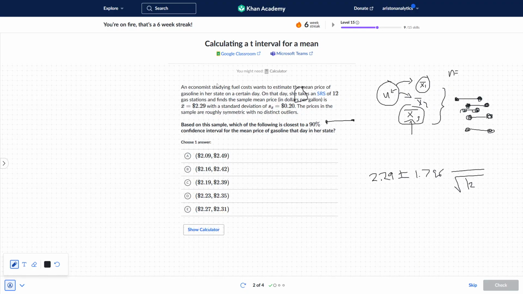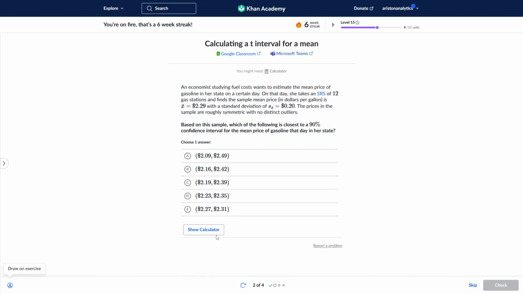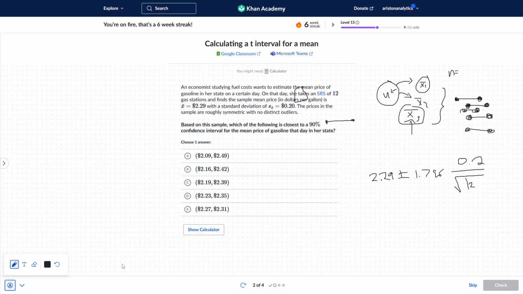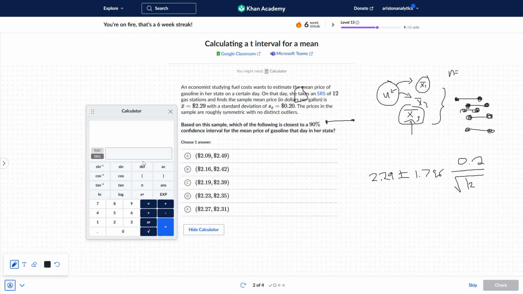Oh yeah, and sample standard deviation 0.2. Okay. 2.393. Okay, it must be C.